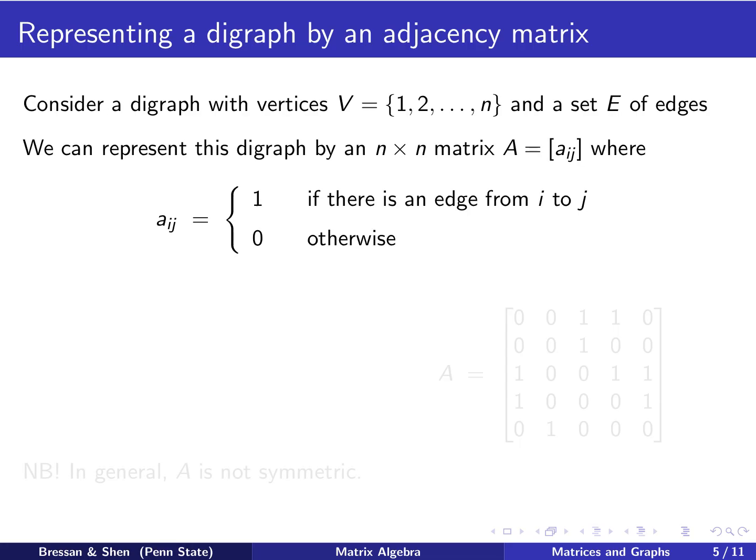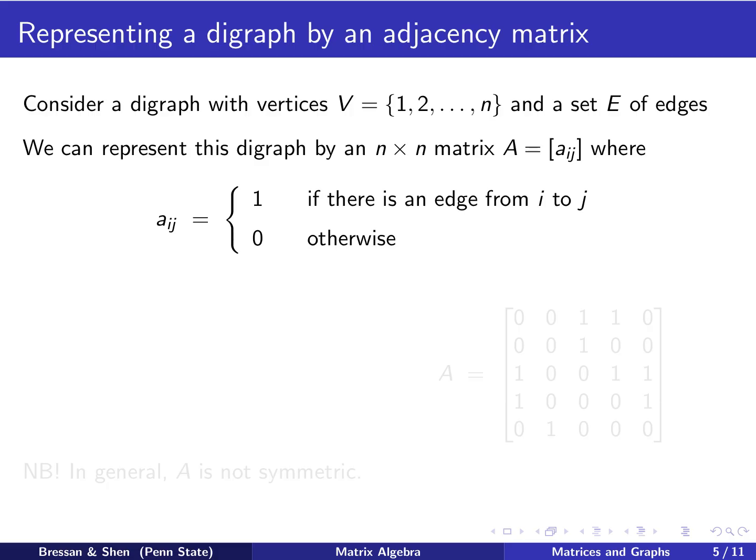We can now represent this digraph by an n by n matrix A with aij as its entries, defined as follows. Aij equals 1 if there is an edge from i to j, and 0 otherwise. Note the word from i to j. This hints there is a direction. It's not between i and j. That's why this is a digraph.